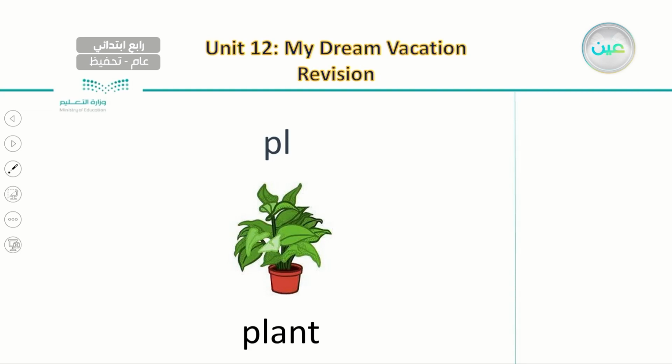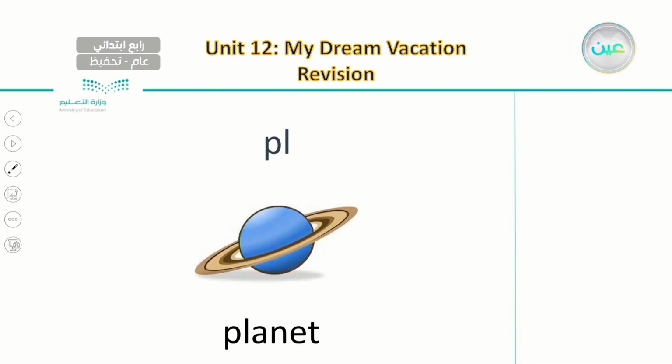The first word we have here is plant, plant. And plant is a small tree that we usually have in our house. And the second word for the P and L sounds is planet, planet, which is in our solar system, where we can see different planets such as the Earth.